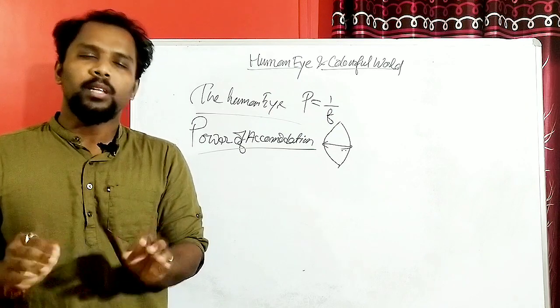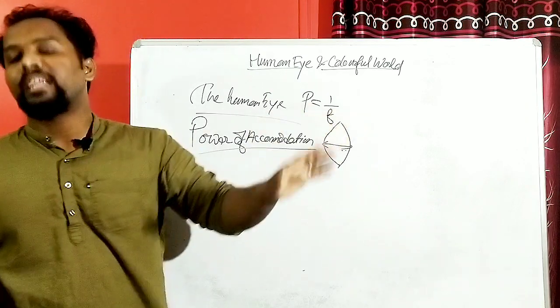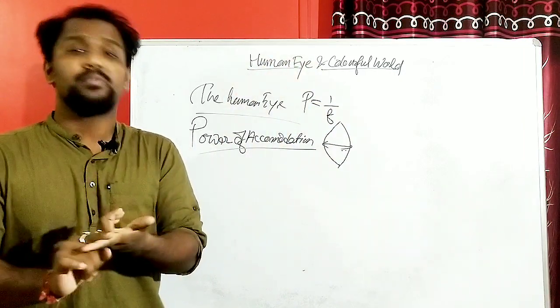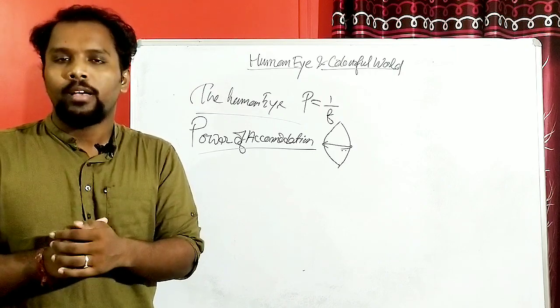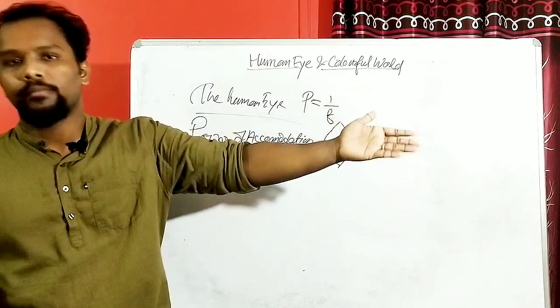But sometimes, for a normal vision eye, that distance also decreases, so it may be between 25 cm and 200 meters. I don't think it is practically possible to see something which is at infinity.